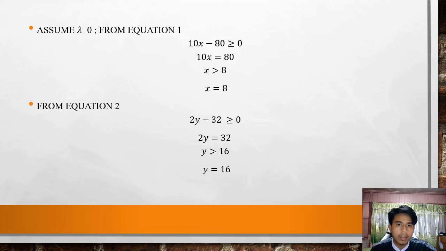We get 10x equals 80, which means x equals 8. Next, from equation 2, it is 2y minus 32 larger than or equal to 0. We can get 2y equals 32.